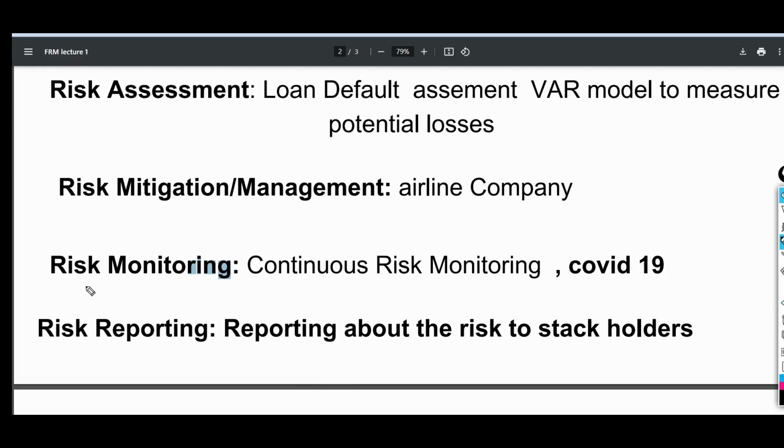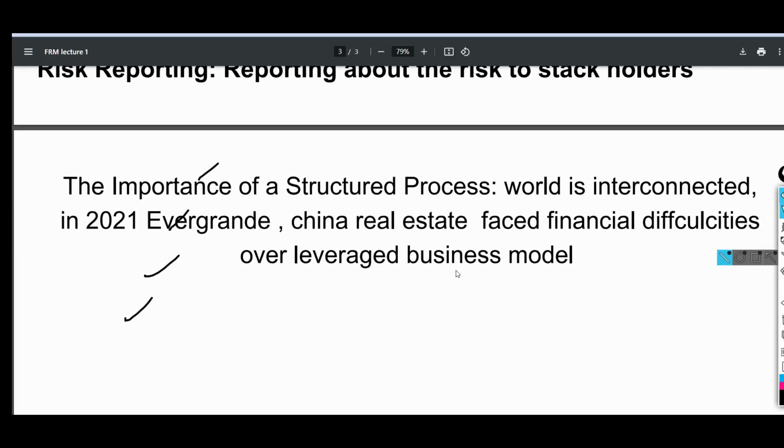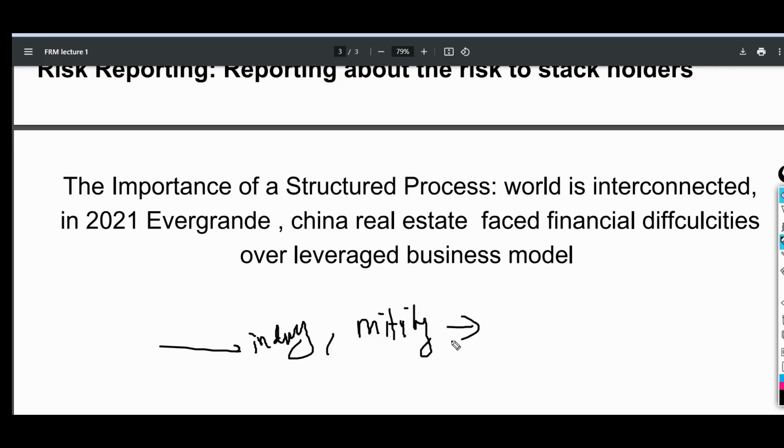So this is about the risk management process. Now what happens today? Today's world is interconnected. If there is any risk in the business, it should be identified and mitigated early. Otherwise it will have a large impact on the business.